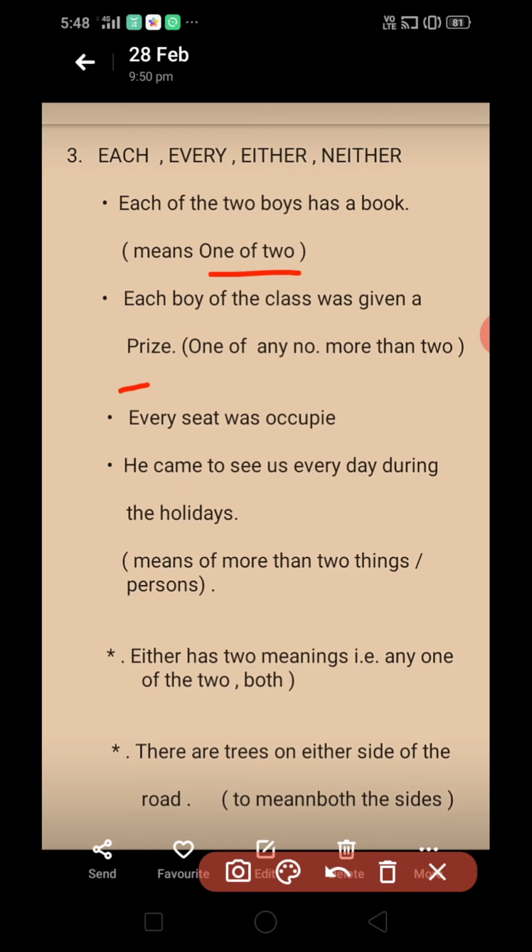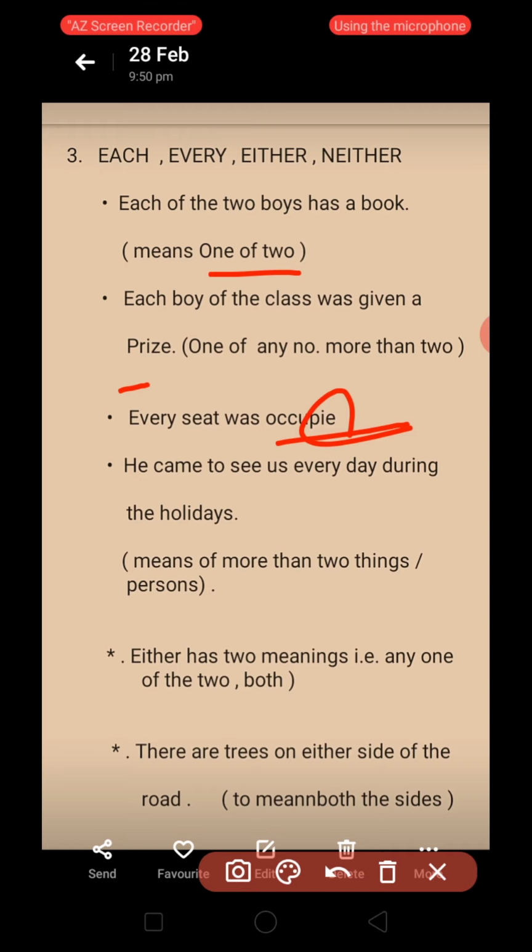Here it means one of any number more than 2, out of more than 2 in a classroom, maybe 40 students, 60 students, that is each and everybody. This is the difference. Every seat was occupied. So all the seats, more than 2.